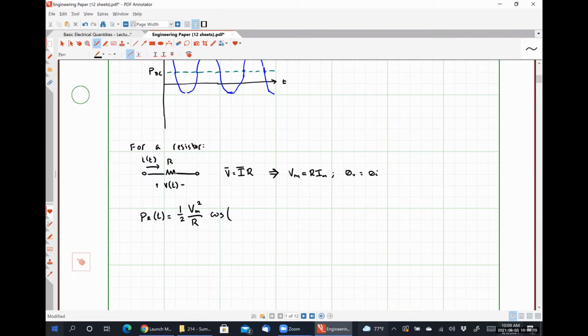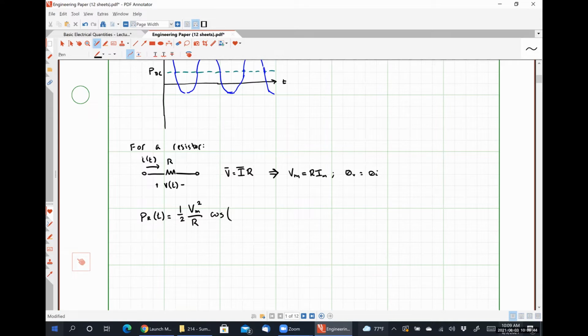So what is cosine theta V minus theta I in the case of a resistor? Anybody have any thoughts? Would it not just be 1? Because since theta V and theta I are equal to each other, that would go to 0, and cosine of 0 is 1. That is exactly correct.